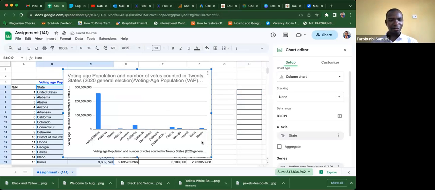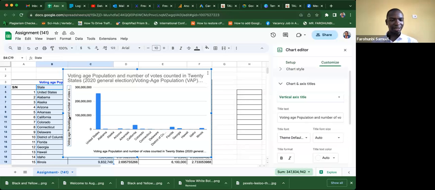Now here it has loaded it for me. I've shown you how you can change the title, and then these are the axes. You can actually rename the axis. You can say the number or the voting number or the population, and then you can say population here.